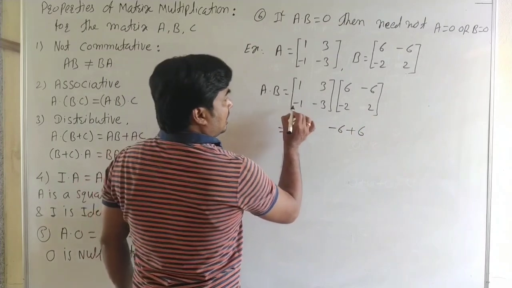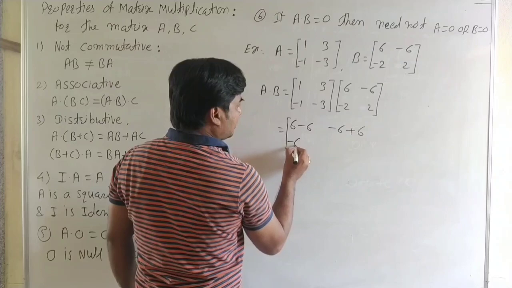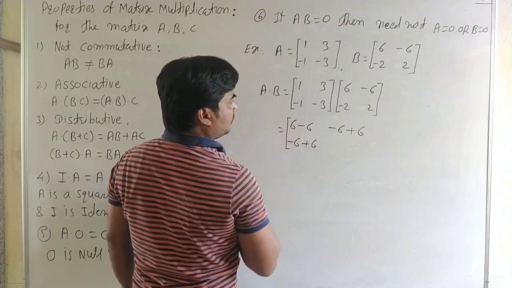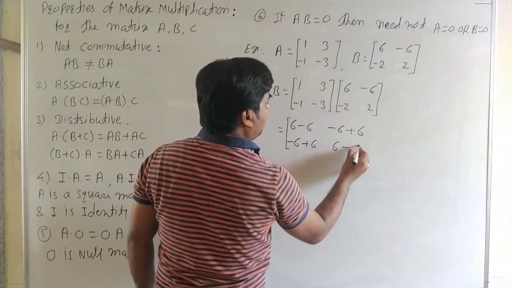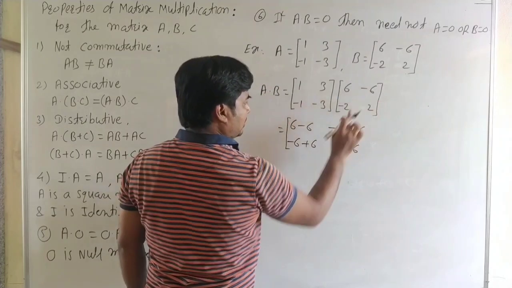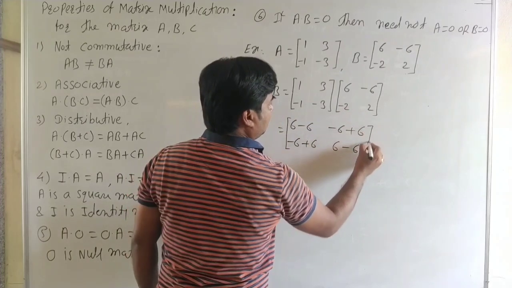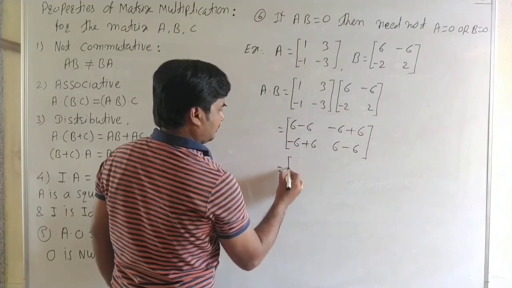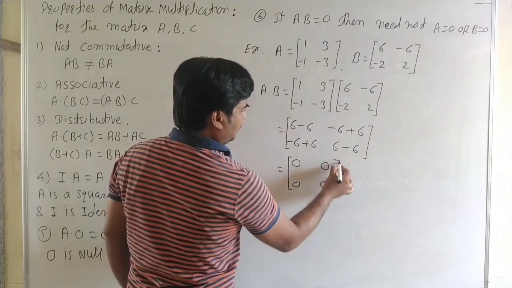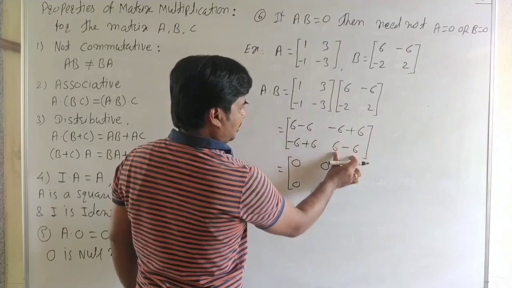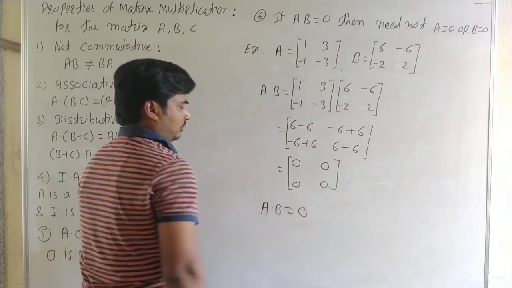Now the second row, first column, minus 6 plus 6. Then second row, second column, plus 6 minus 6. So we get 0, 0, 0, 0, and therefore A into B is equal to 0.